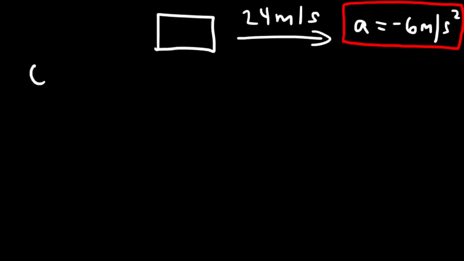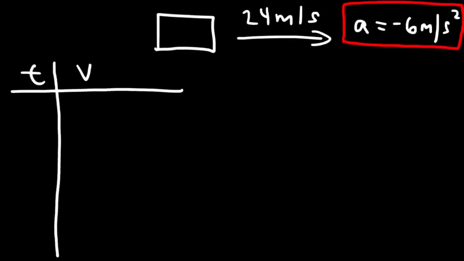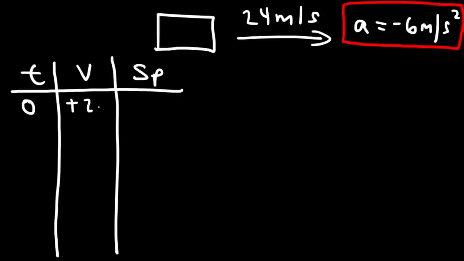So this time, we're going to make a table with time, velocity, and I'm going to use SP for speed. So at t equals 0, the velocity is positive 24. And remember, speed is the absolute value of velocity.